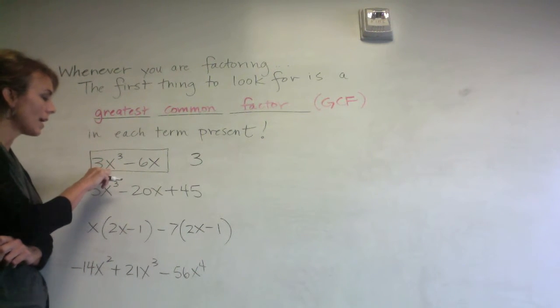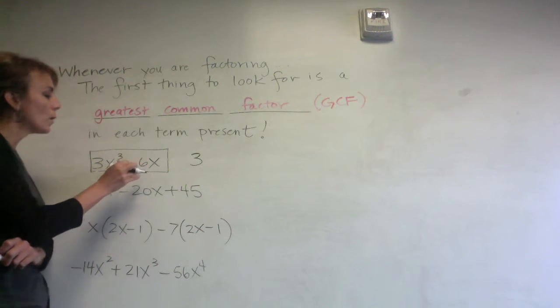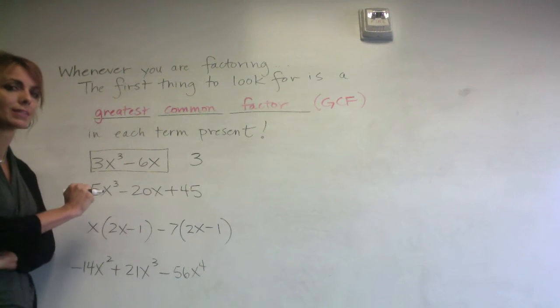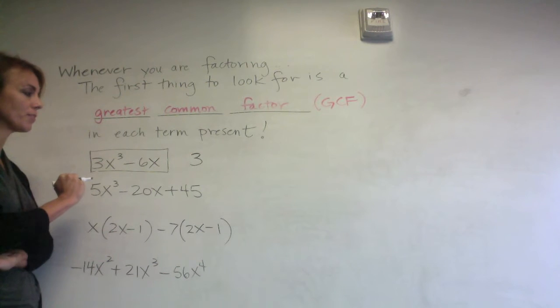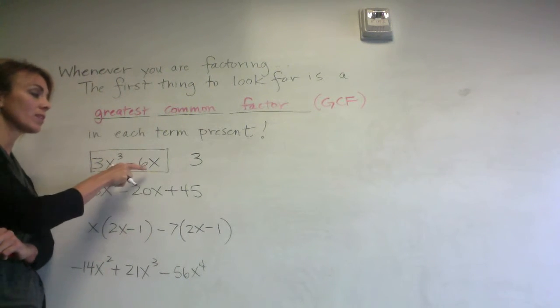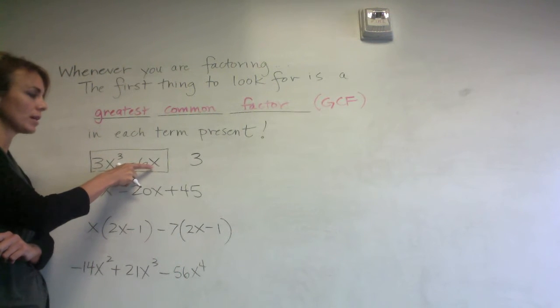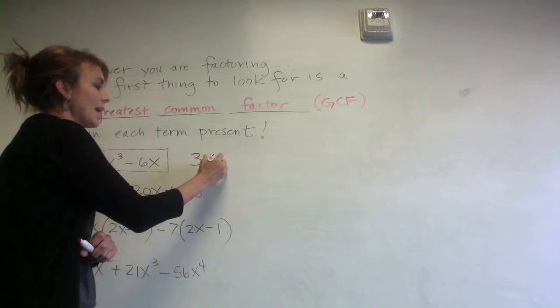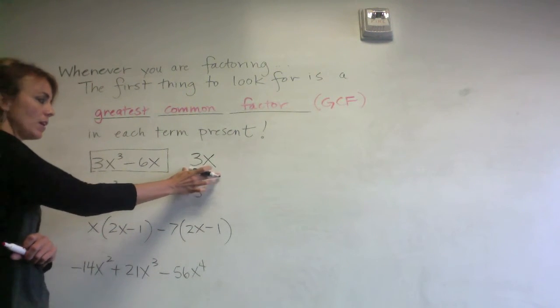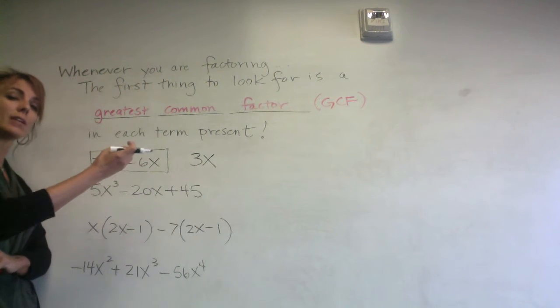Now, I'm looking at x cubed and x. What is the highest power of x that I can take out of both of these terms? The answer to that question will always be the least degreed variable. So of these two, which is the least degreed variable, that would just be x. And now I have got my GCF. So that's the GCF I'm pulling out.